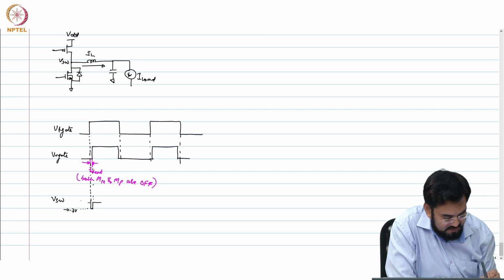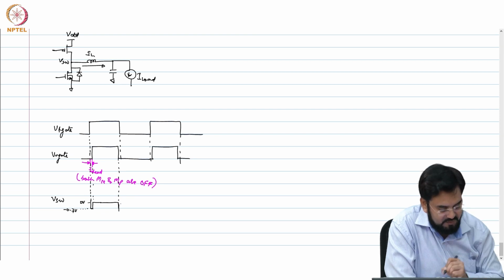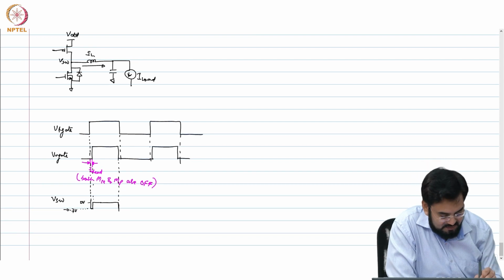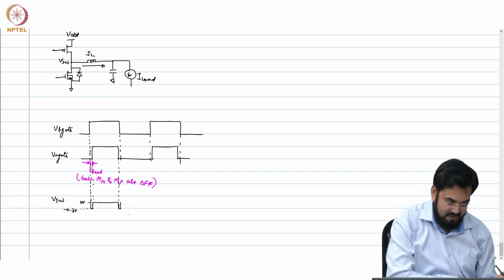So this is your 0. And it should remain 0 until this point. And we'll again do the same thing. Now what is happening after this? Which device is turning on?